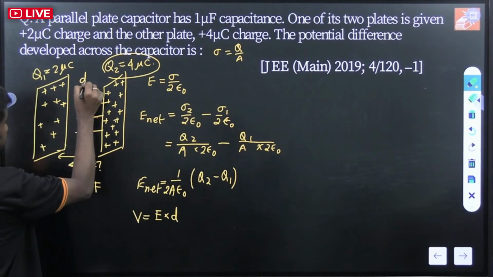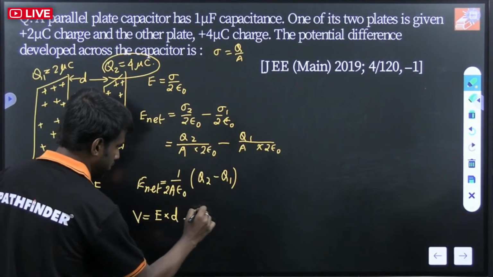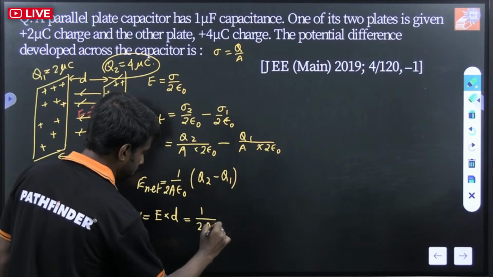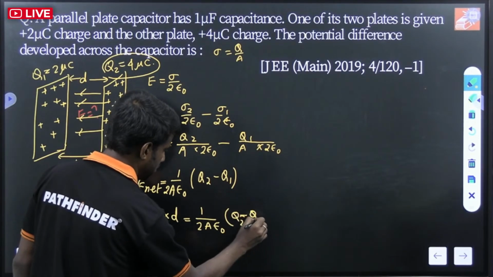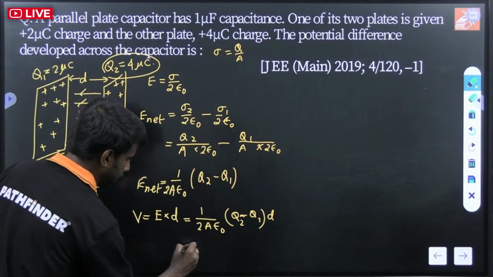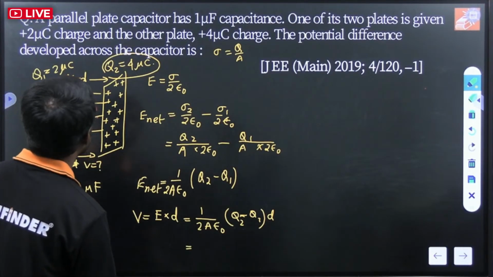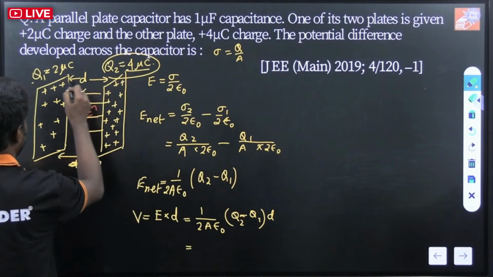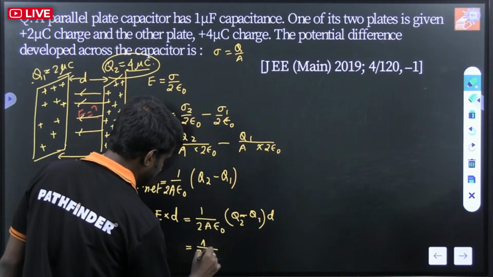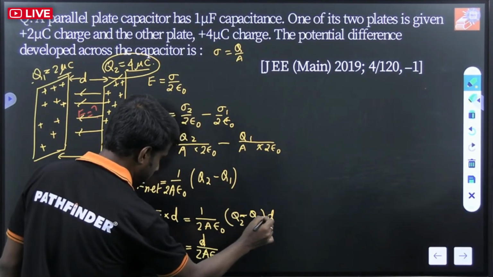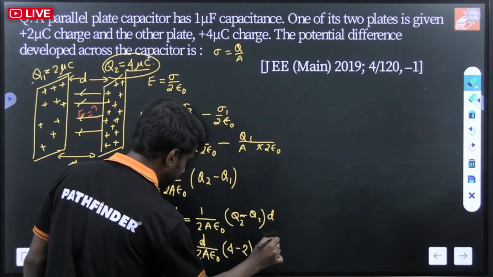Let's say the distance between these two plates is D. So E into D, and finally we get 1 by 2A epsilon naught, and Q2 minus Q1 into D. Now we put in the values they have given: Q2 is 4 microcoulomb and Q1 is 2 microcoulomb, so 10 power minus 6.